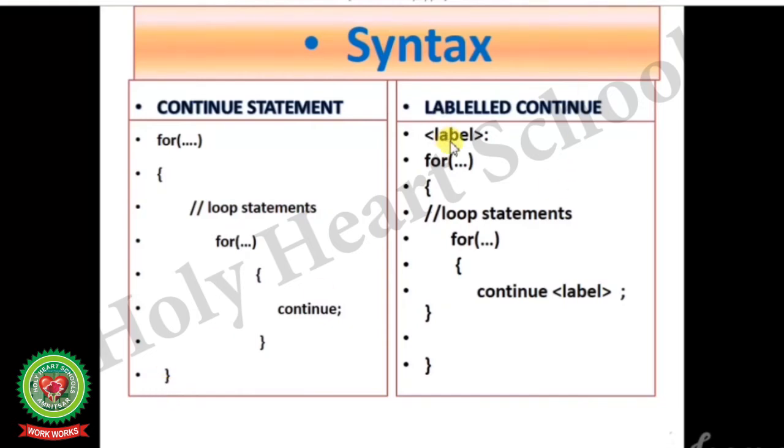Similarly, as we have done in the labeled break statement, in the labeled continue statement, firstly the label will be there followed by a colon symbol, for followed by a statement, curly bracket starts, for again followed by a statement, inner loop starts, continue followed by a label semicolon, and from here the control is transferred to the label. Then the inner loop will be closed and the outer loop will be closed.